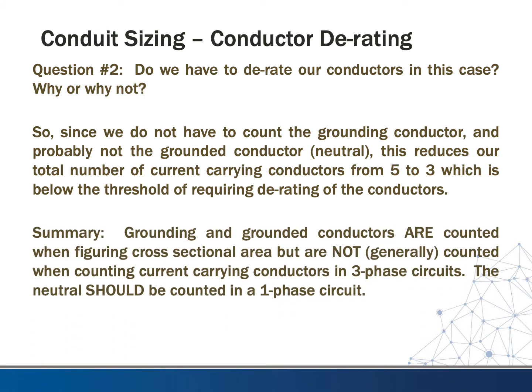So in summary, grounding and grounded conductors are counted when figuring cross-sectional area, but not generally counted when counting current carrying conductors in 3-phase circuits. The neutral should be counted in a single-phase circuit. So if you've got a single-phase circuit, we do count the neutral. 3-phase circuits, we generally do not count the conductor.